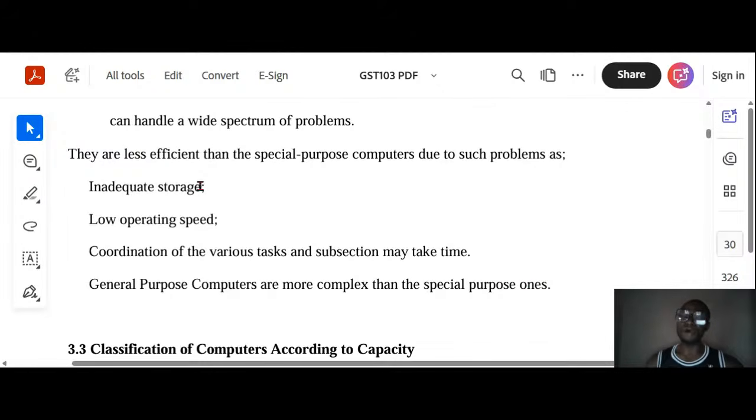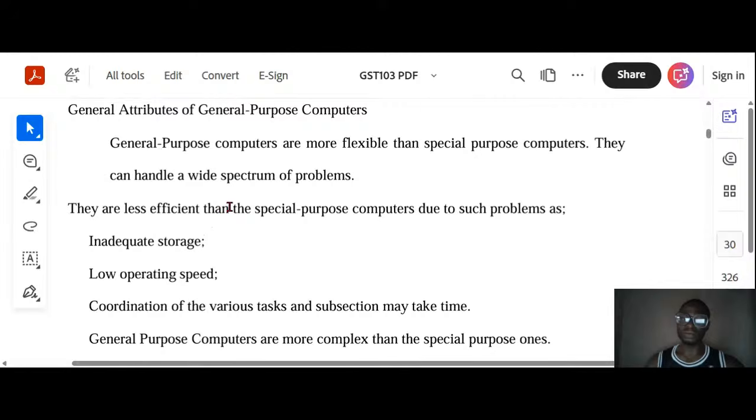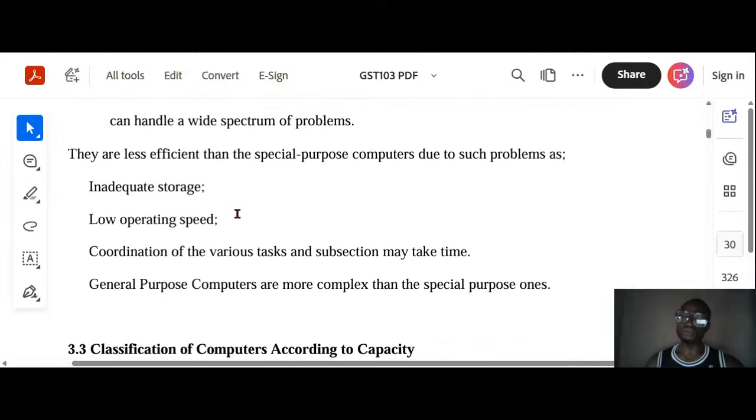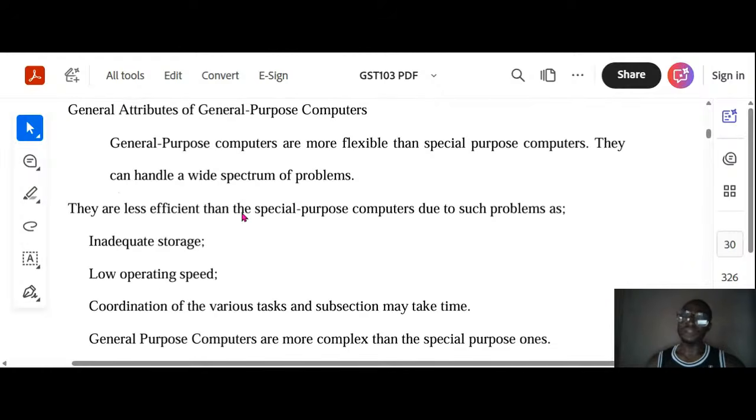Now we have four attributes. Or we have just two, and one of them has subsections. The two attributes of the general purpose computer that we've mentioned are flexibility, one, and second, less efficient.